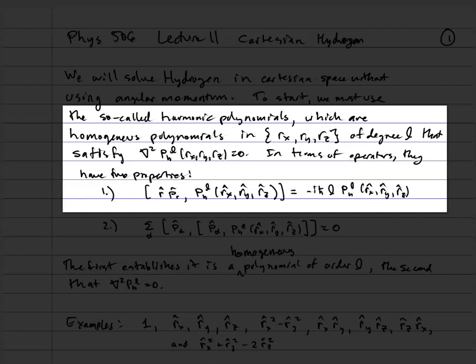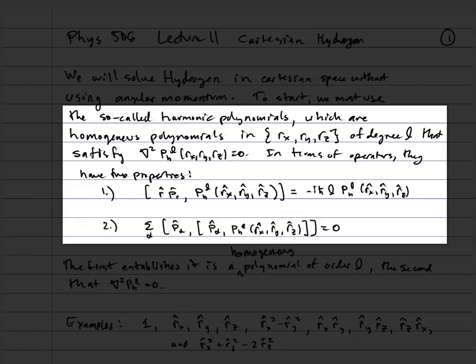So it ends up actually counting each power of r that I have in the polynomial. It's, of course, multiplied by a minus i h bar. But you see from that first commutation relation that it becomes minus i h bar L times the original polynomial. And when that holds, then it is a homogeneous polynomial of degree L in those variables Rx, Ry, Rz.